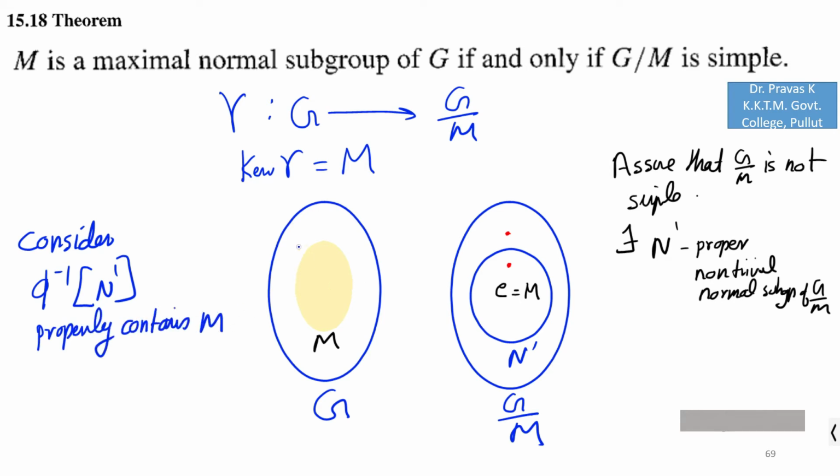For you can see that gamma inverse N dash contains at least one element which must map to the additional element in N dash other than e.